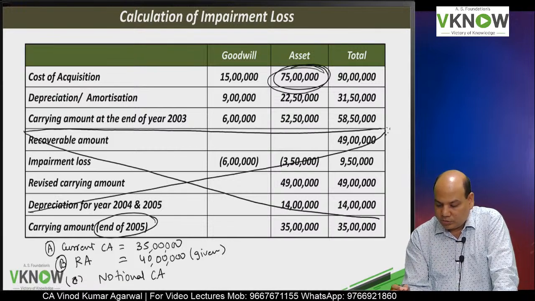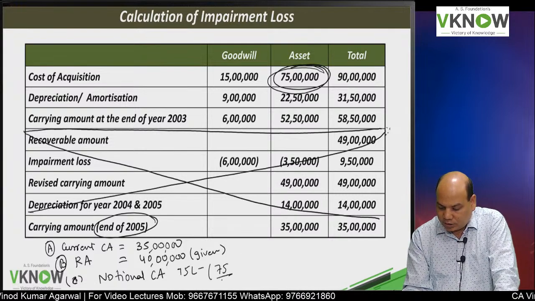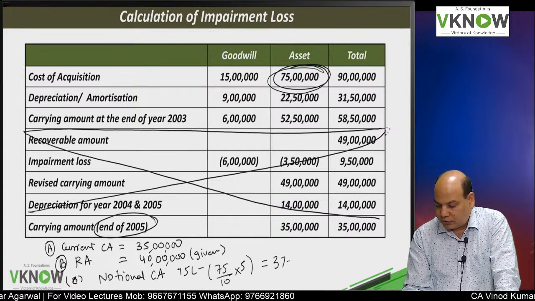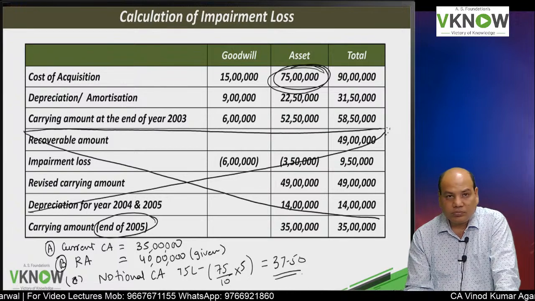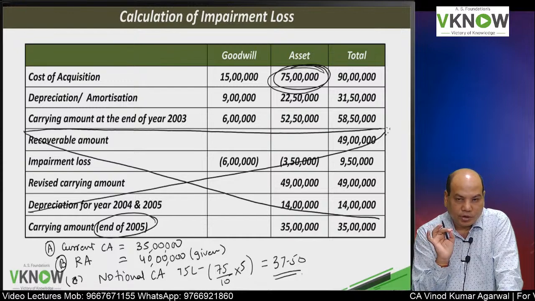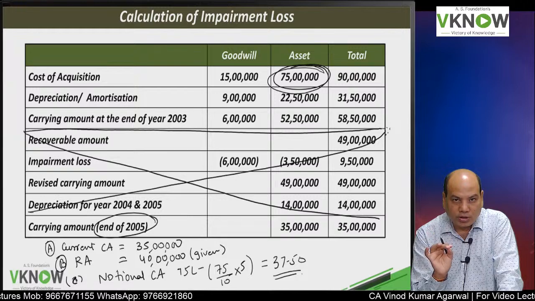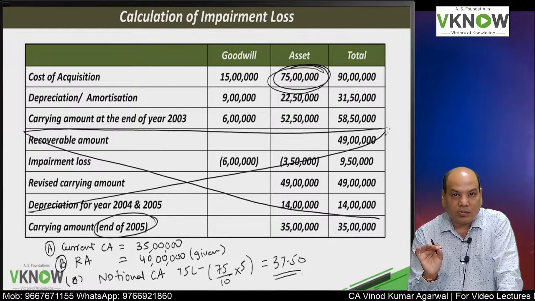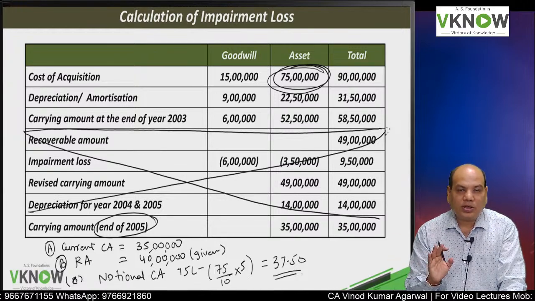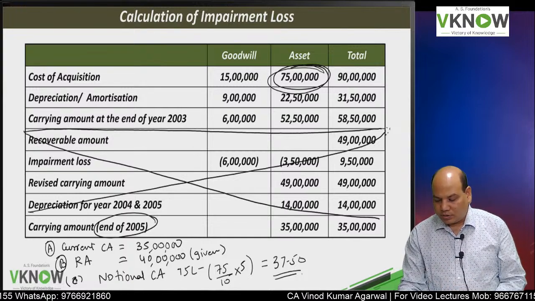The carrying amount after 5 years will be 75 lakh minus 75 lakh divided by 10 into 5 years, which is 37.50 lakh. Had we not provided impairment, today the net carrying amount would have been 37,50,000.